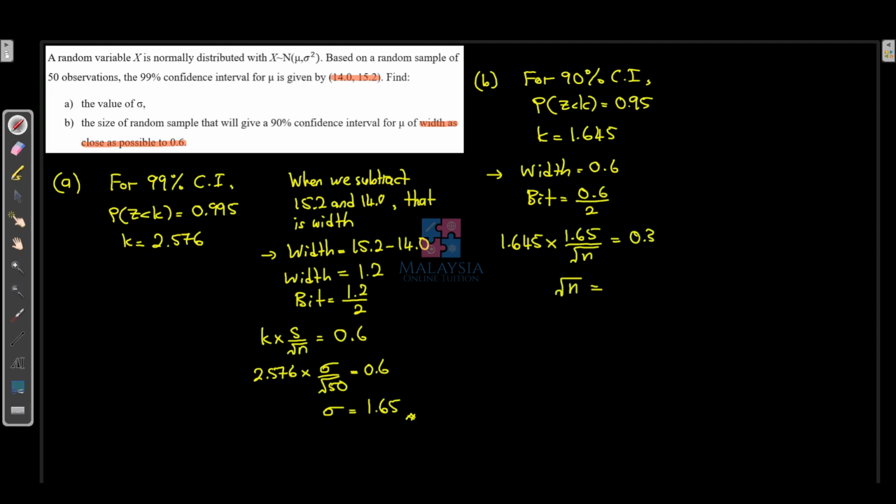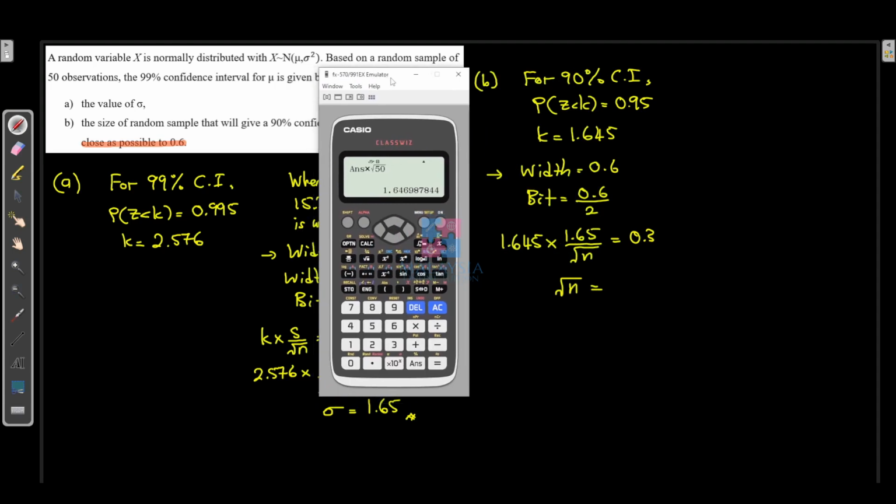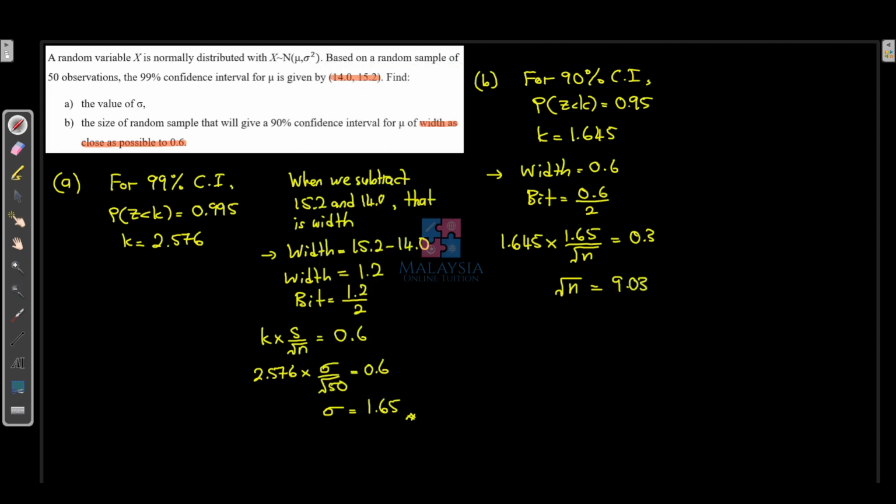So we find first square root n. So 0.3 divided by the answer, divided by 1.645. We get this, and we have to turn it upside down. So 1 divided by this, we get 9.031, something like this.